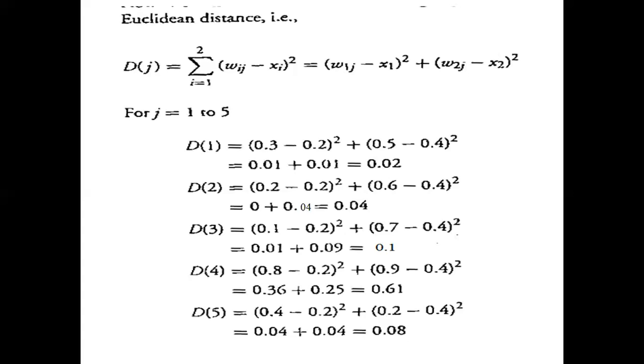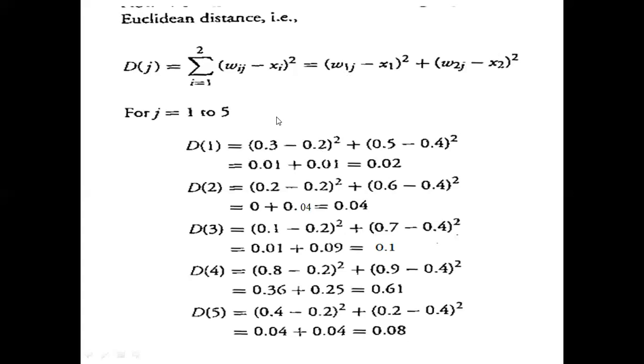So first we calculate d1. When you calculate d1, then you replace j with 1. It is w11 minus x1 whole square plus w21 minus x2 whole square. We know the value of w11 from the given matrix, that is 0.3 minus 0.2 whole square plus 0.5 minus 0.4 whole square.